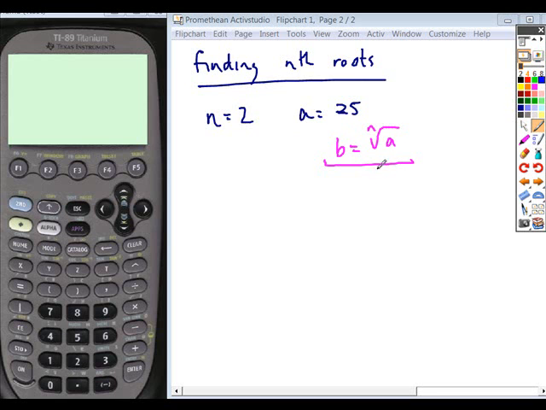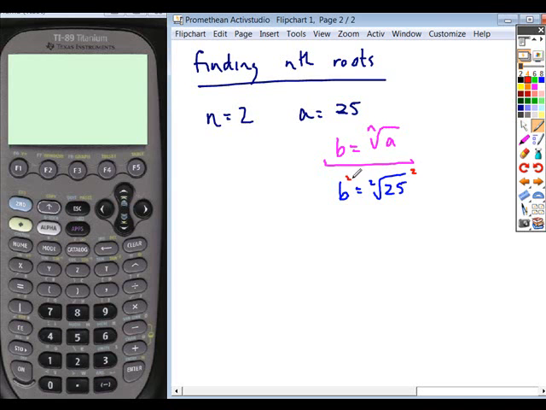So if you had a 25 here, you had your unwritten 2, here's your index and your b value. If you moved backwards, what would you have to do to get rid of your radical here? What would you do to both sides to get rid of your radical?